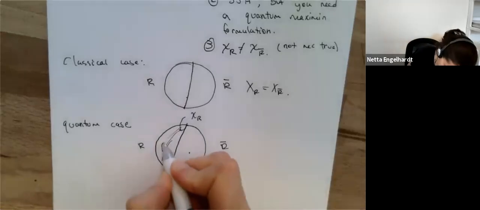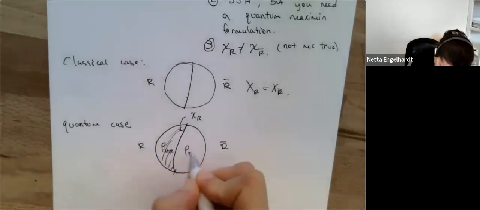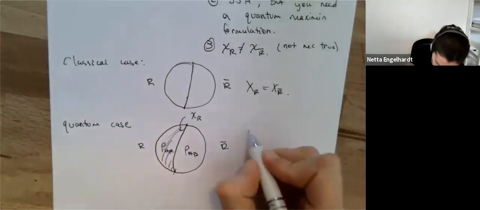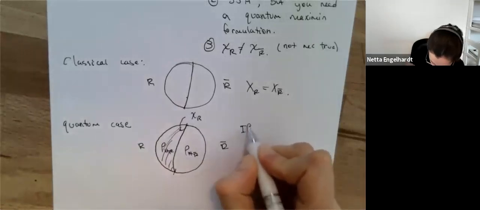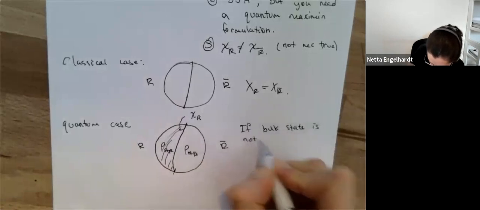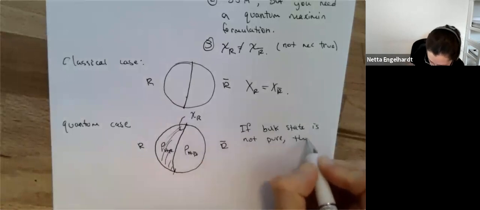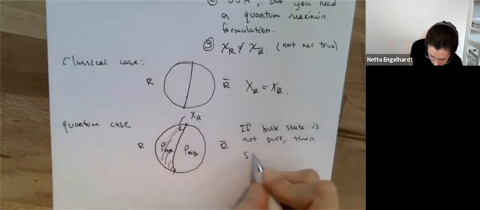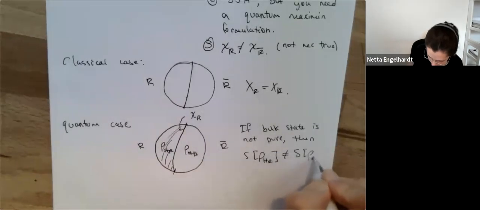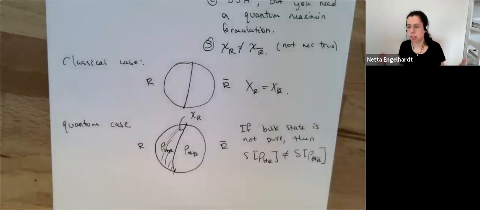So let's call this rho_HR and rho_HR bar. And so what we have is that if the bulk state is not pure, then it does not need to be true. It's not going to be true that these two are equal. That also means that their gradients are not necessarily going to match, and so the derivatives will not match.